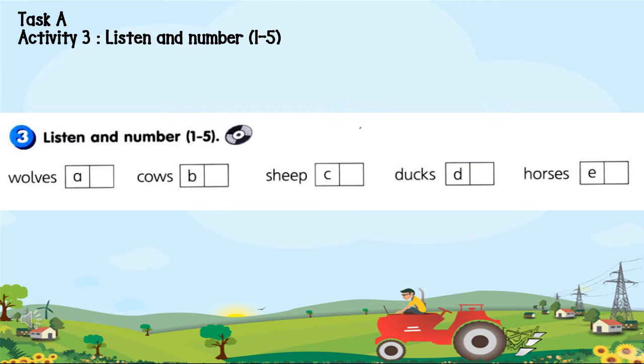Activity 3. Listen and number 1 to 5. 1. Mum, can I ride one? Okay, Sally, but be careful. 2. Wow, they're very big. 3.